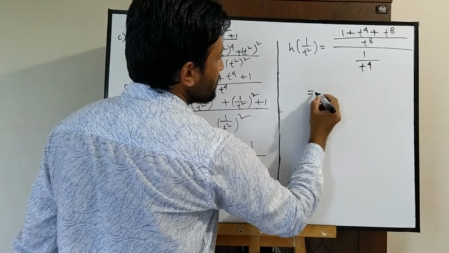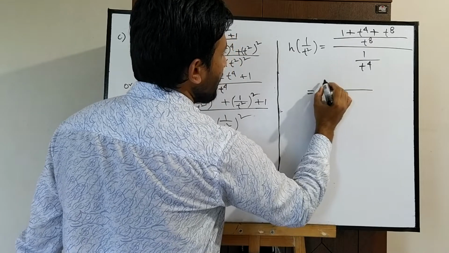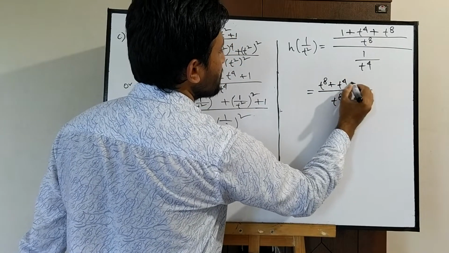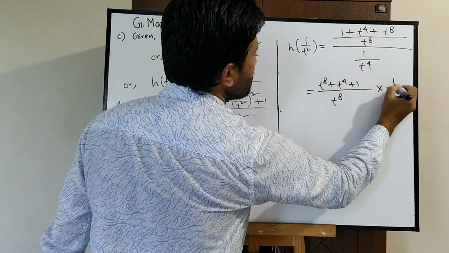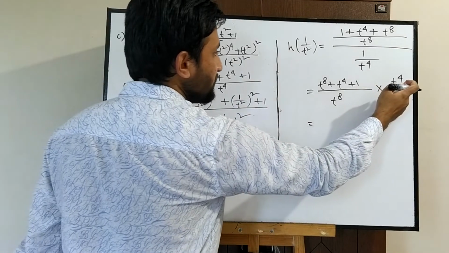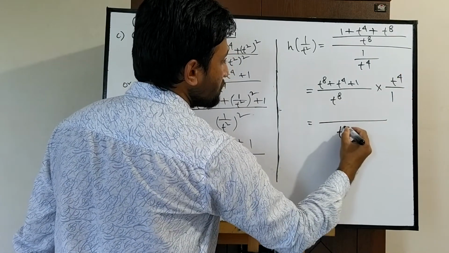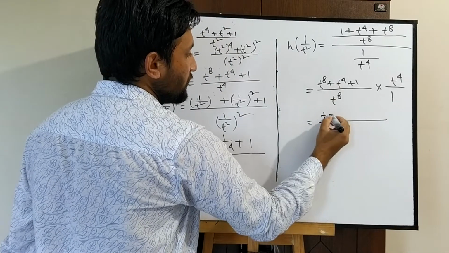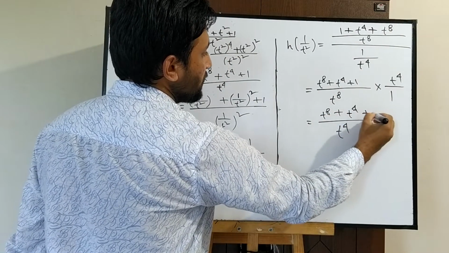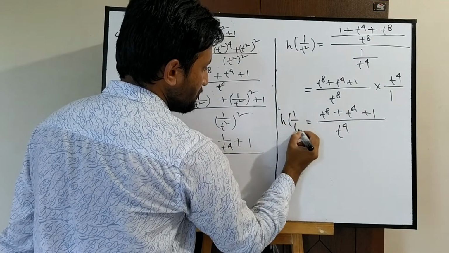By simple calculation we can write t to the power 8 plus t to the power 4 plus 1, into t to the power 4, divided by 1. So t to the power 8 divided by t to the power 4, we can write as t to the power 4. In the numerator, t to the power 8 plus t to the power 4 plus 1. This is h of 1 by t square.